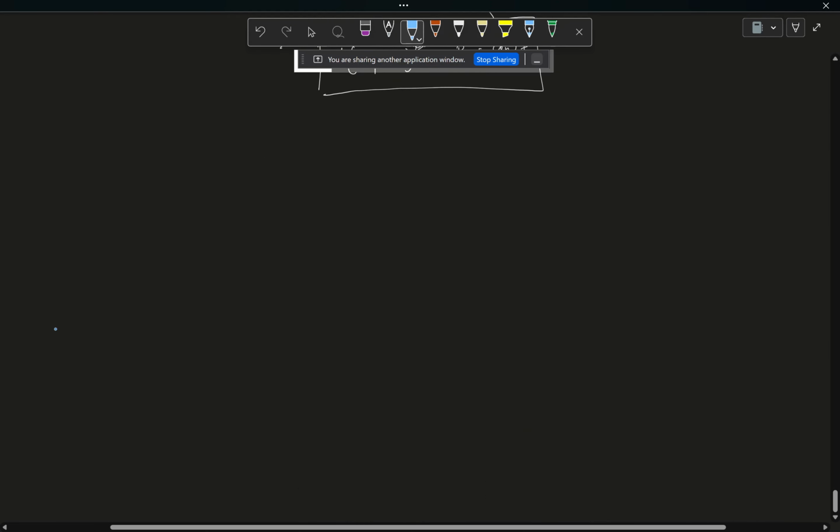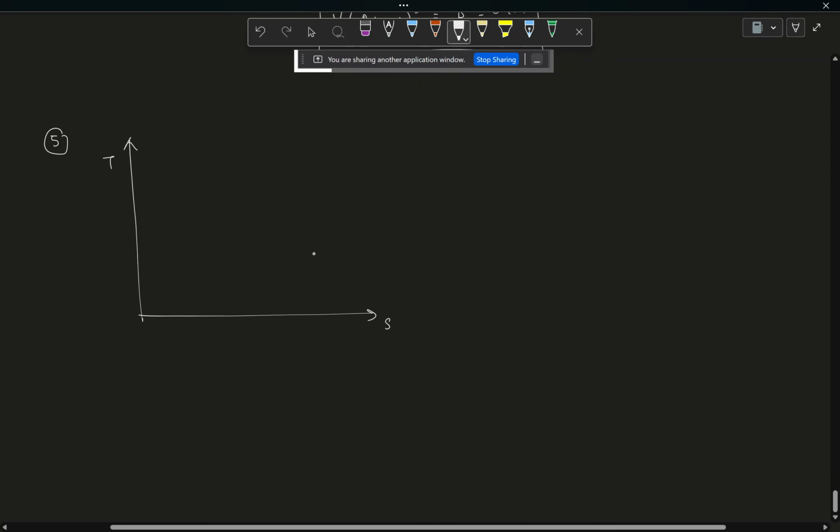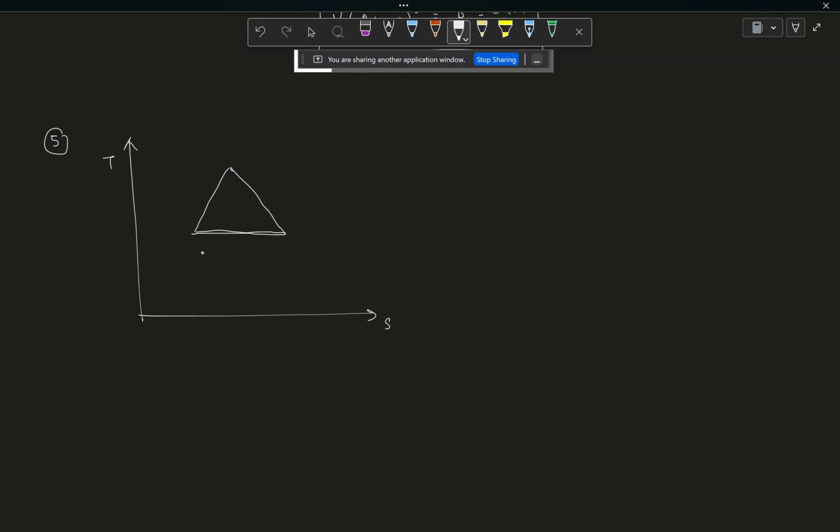This is question number 5. This is T versus S. Now this is like a triangle that they have given for the engine cycle in the question, and the points of the triangle are mentioned in the TS diagram.